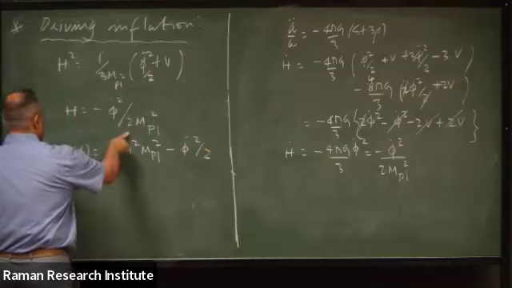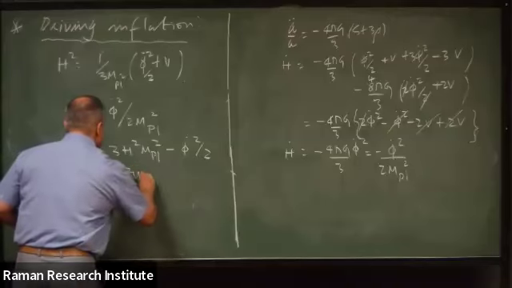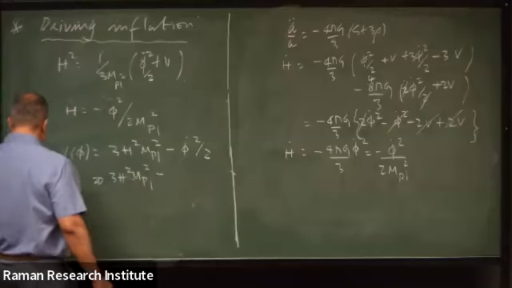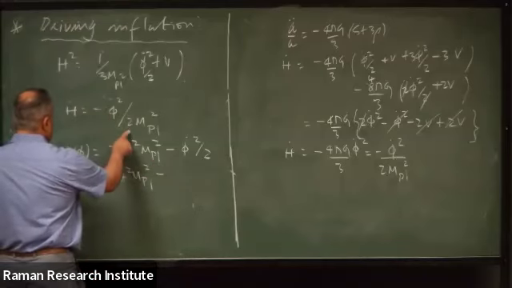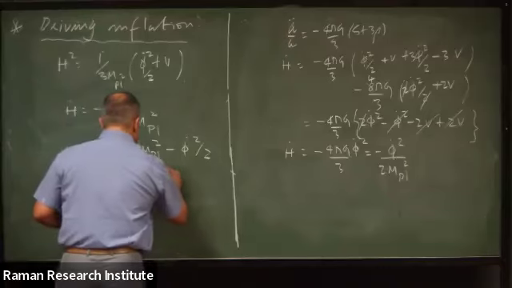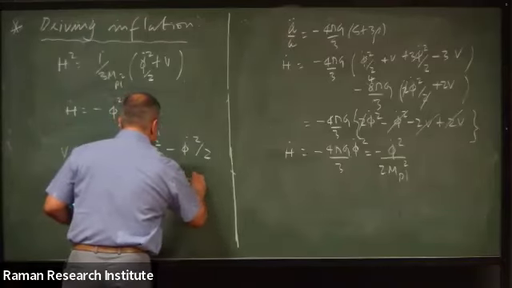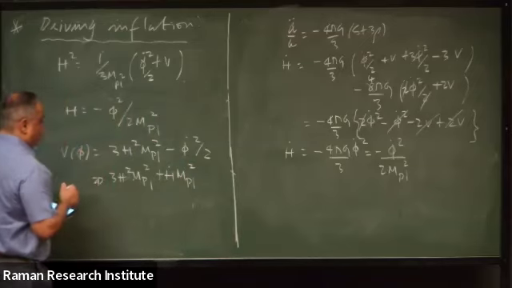But phi dot squared by 2, I know this: 3H squared M_Pl squared minus, minus phi dot squared by 2 is H dot M_Pl squared.